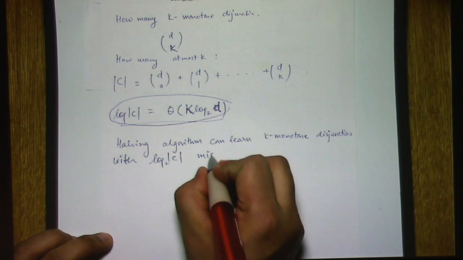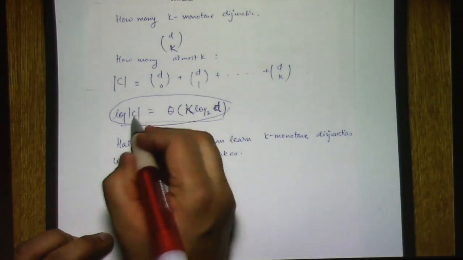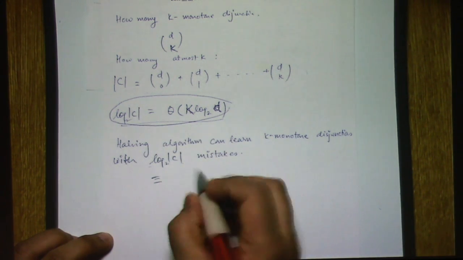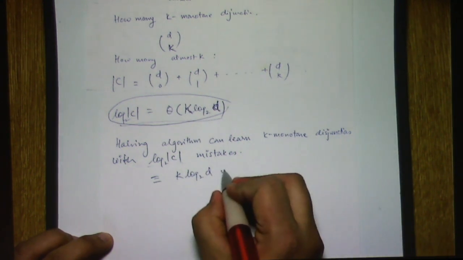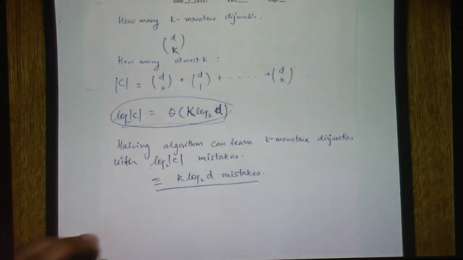So this we have already seen in the math. Which means, and log c is this, which means that it is equivalent to k log 2d. Right? So that is easy, but of course, that halving algorithm is not a very good algorithm to apply.